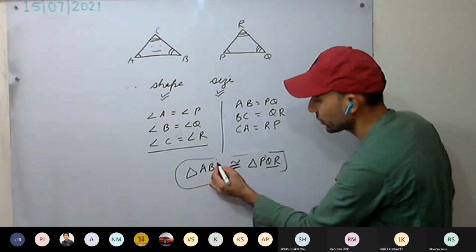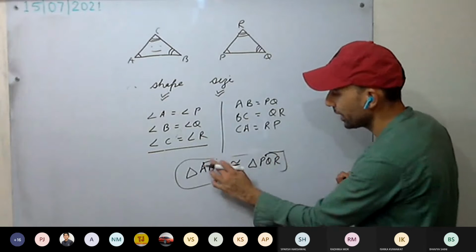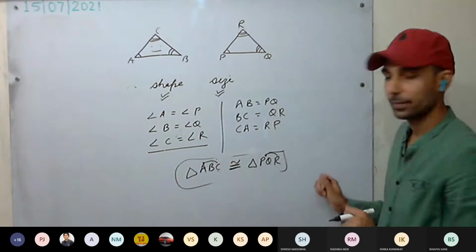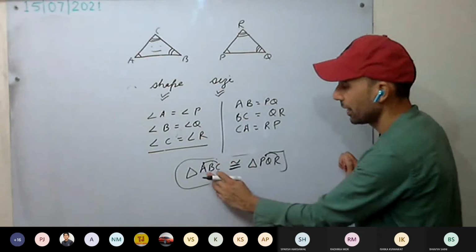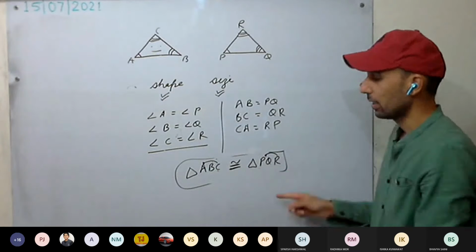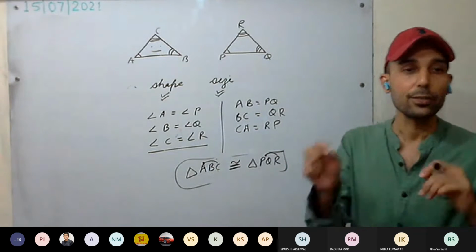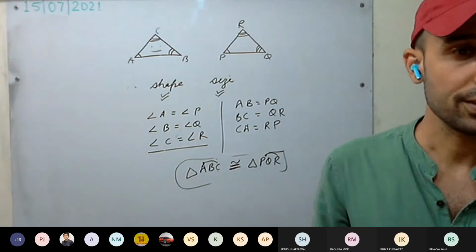If I say CA, moving from C to A, then from R to P I will move: CA equals RP. From this only we can get all these things: angle A equals angle P, angle B equals angle Q, angle C equals angle R. So if we follow this convention, it will be very easy to interpret things. Have you understood this one?